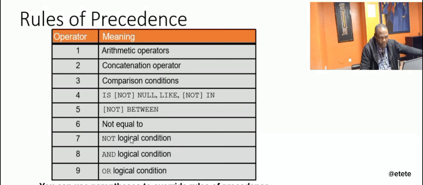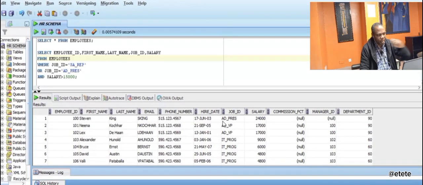When you look at these rules of precedence, the AND logic condition is greater than the OR logic condition. The OR is number 9, AND is number 8. We are going to apply it in this our script. So the script is select employee ID, first name, last name, job ID, salary from employees, where job ID equals to SA rep or job ID equals to president and salary is greater than 15,000.